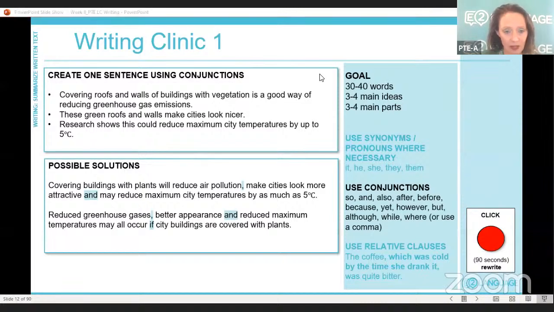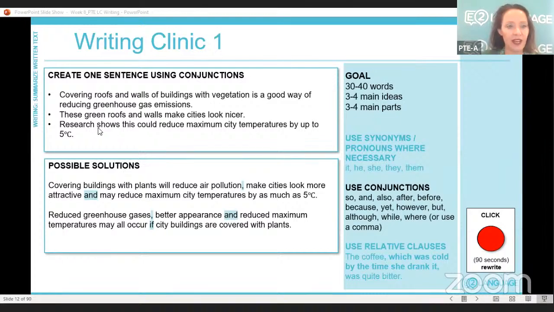Okay, one more. Let's look at this. Muskan. Research shows vertical landscaping could lower the city temperatures by 5 degrees, and such a coverage makes a city look nicer, as well as reducing the greenhouse gas emissions. Makes the city look nicer as well as, yeah, I think reducing the greenhouse gas emissions. But otherwise, fantastic, Muskan.